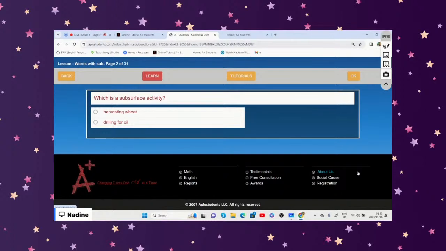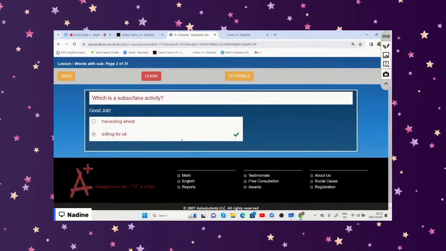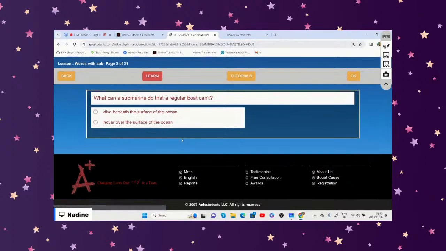All right, so subsurface, right? Then we can say it's drilling for oil. Let's go with this one, because it's something that you need to do from under, because it's sub, under, right?